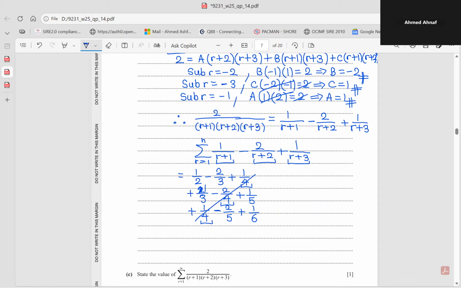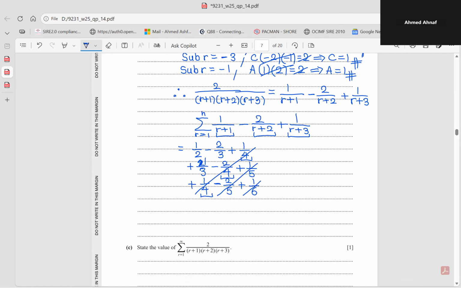The same pattern starts from r equals 2 for 1 over 5. So 1 over 5 will add up with the 1 over 5 when r equals 4, then becomes 2 over 5, which will eventually cancel this out. And the same will also happen to 1 over 6, right?